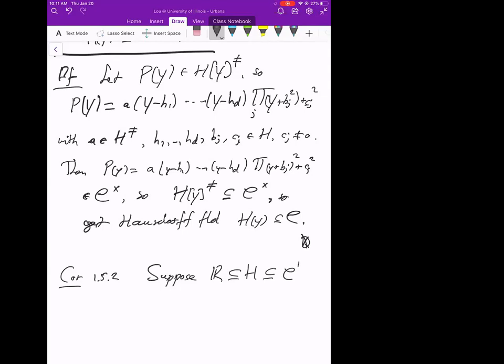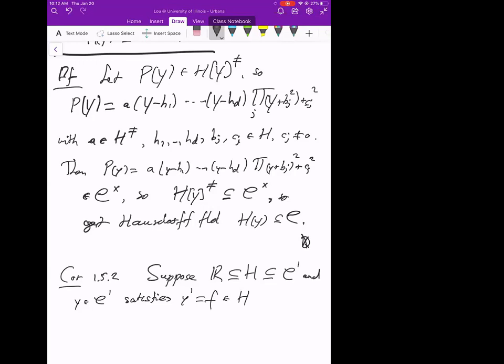And I have a germ Y in C1 with derivative in H. So basically I integrate some function in H, let me call this derivative F: Y prime equals F. In other words, I take an element in H and integrate it and get some germ in C1.